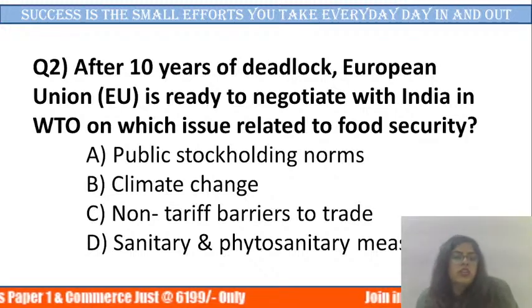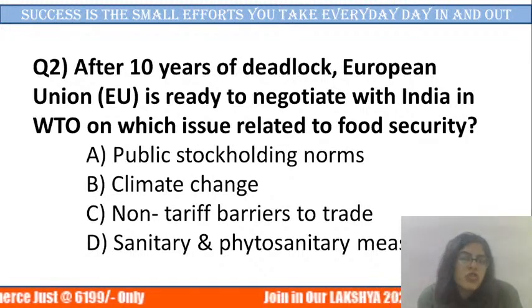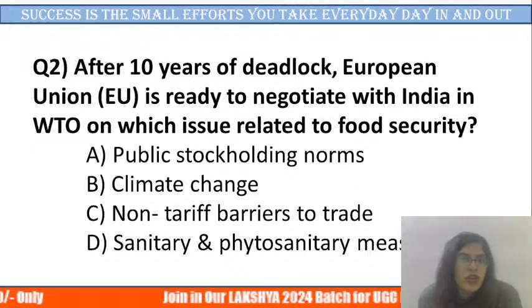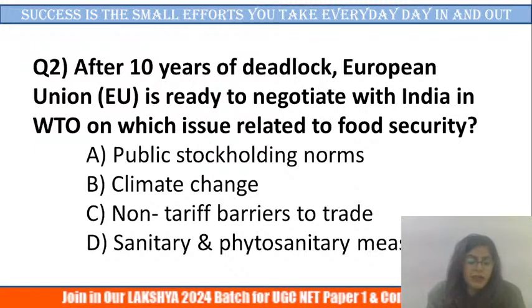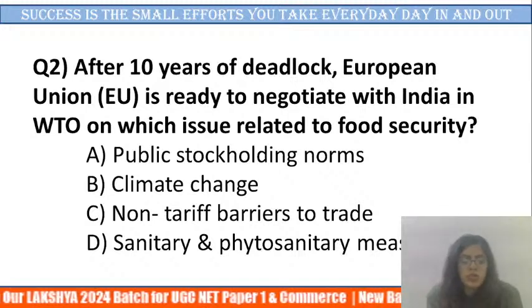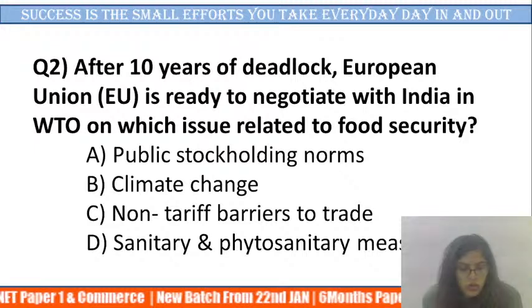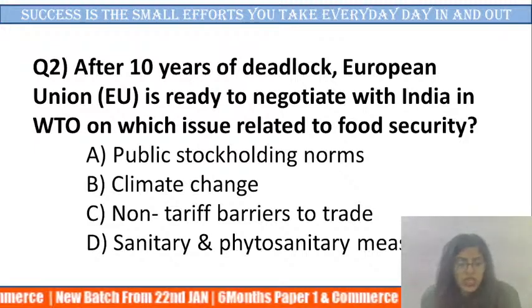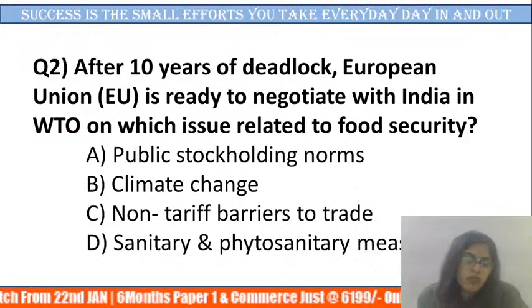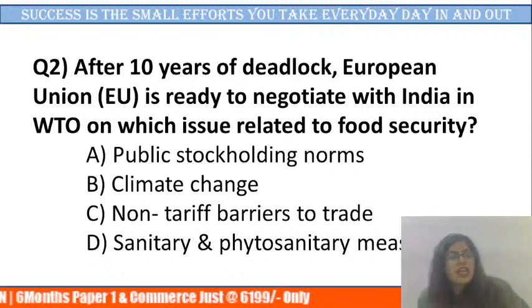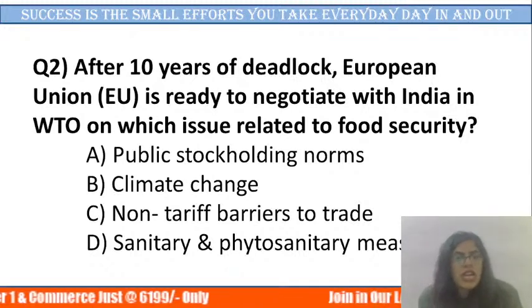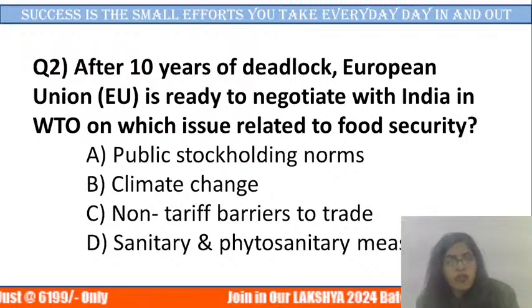Okay, the question is: after 10 years of deadlock, what is a deadlock actually? It is basically a situation where two parties came and got stuck. If we take a basic example, there are certain people who are veg and certain people who are non-veg.